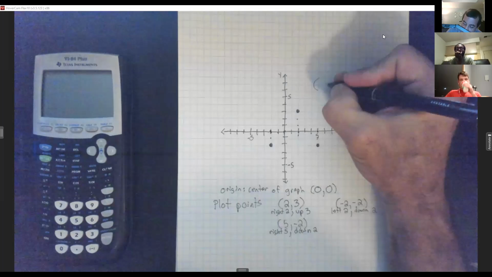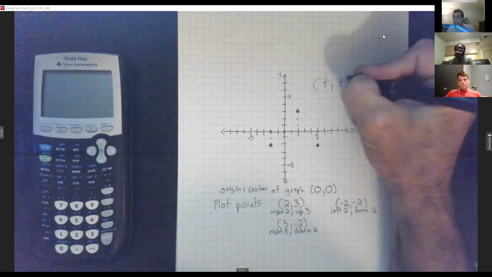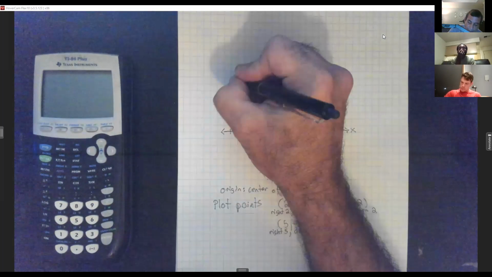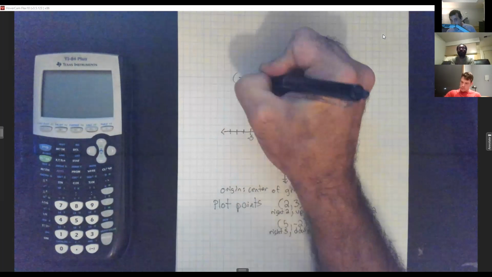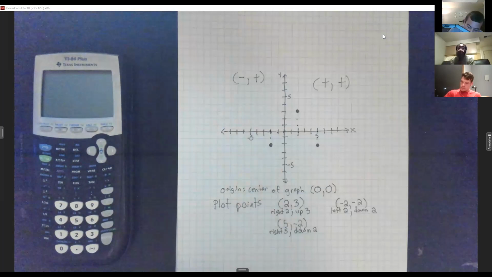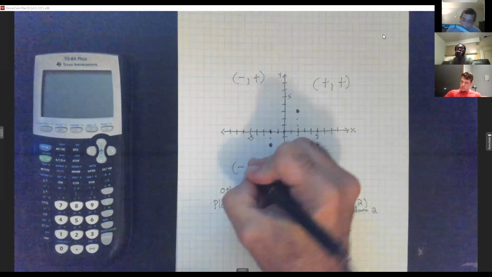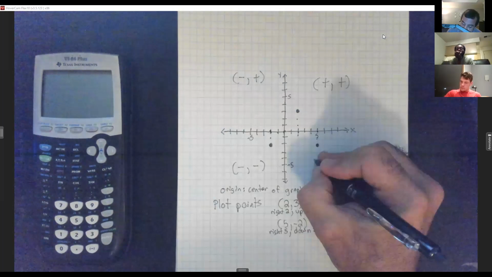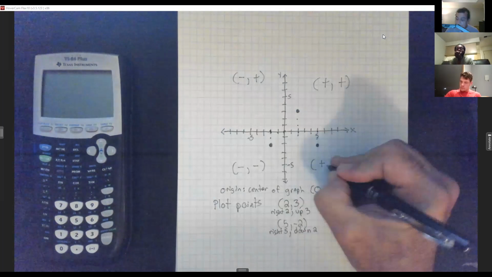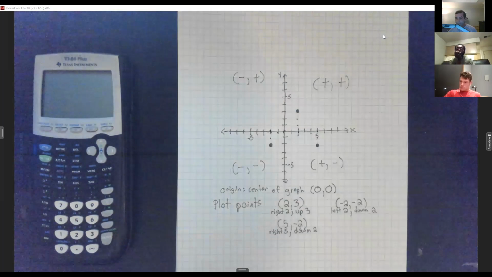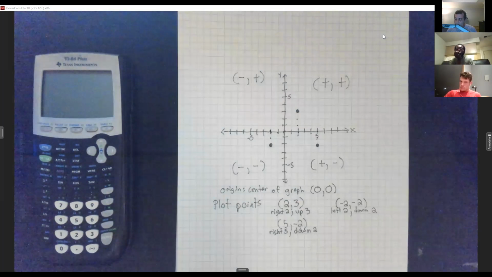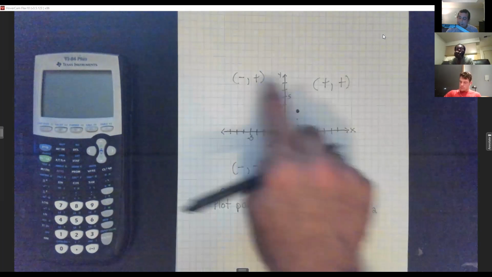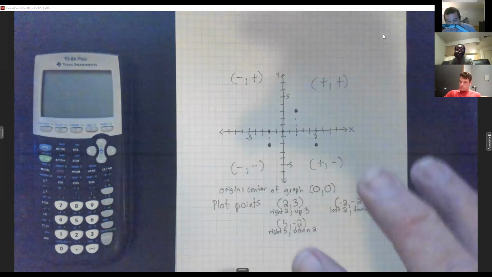To be in this one, both numbers are positive. To be here, negative x's, positive y's. To be down here, both of them will be negative. And then to be here, you'll have a positive x, negative y. So when you're starting out, if your signs are in these orders, that's where they're going to be when you're done plotting them, okay?